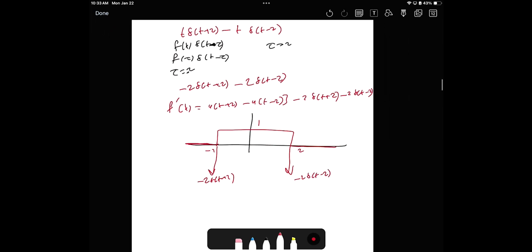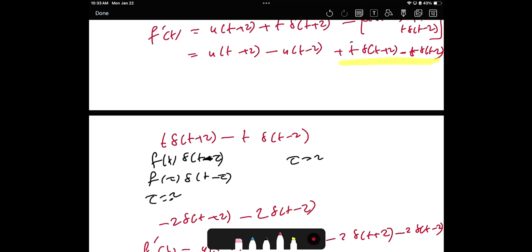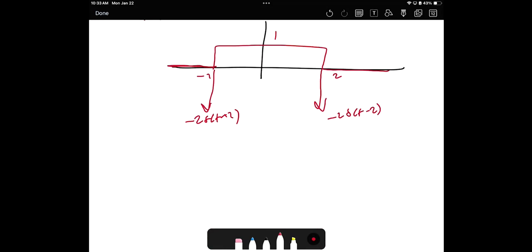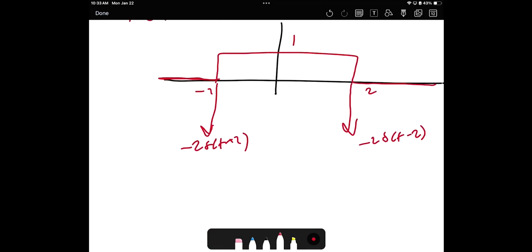So by looking at answer 3 and answer 1, they are almost the same, but the only thing that we have is the transitions here. So most likely when we do the derivative here, we will neglect the delta. Okay?